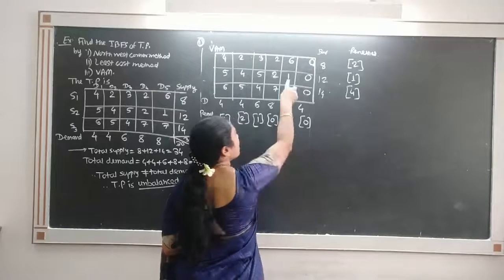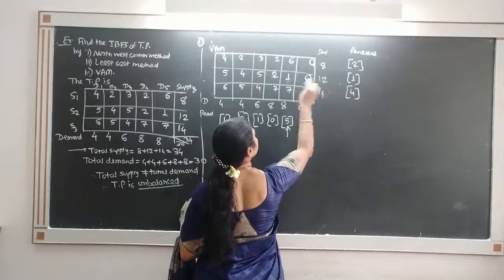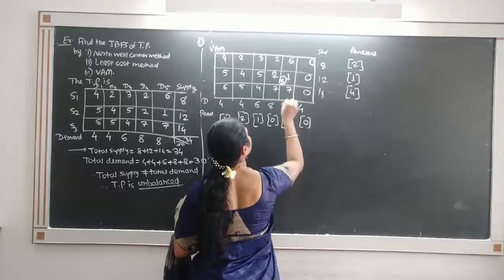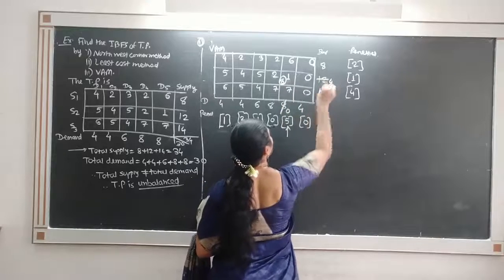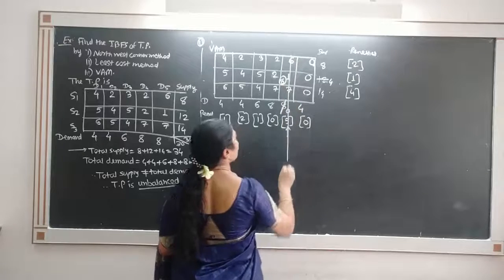In this, smallest cost is 1. So allocate as much as possible, that is allocate 8, remains 0, remains 4. Because this column has demand 0, this column is crossed out.